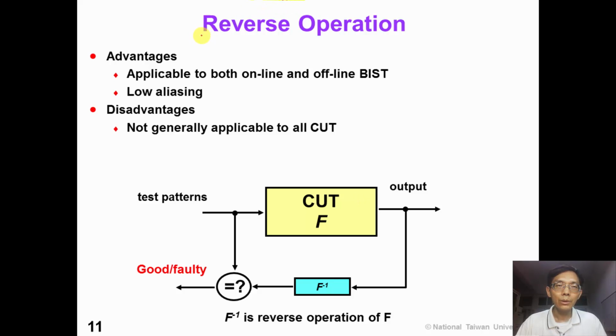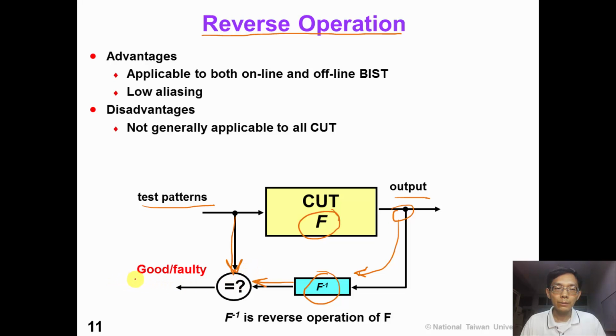A reverse operation is another idea of ORA. Suppose we apply the test pattern to the CUT, which performs the function f, and then we take the output of the CUT and perform an inverse function f-1. The output of this f-1 should be the same as the input test pattern.